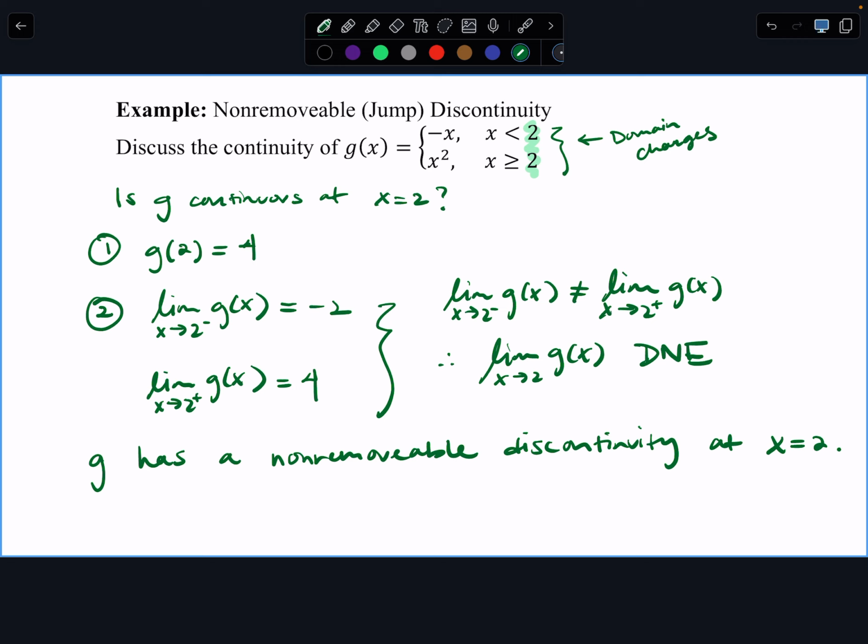And I realize you're thinking, well, I would have been able to tell that before, but explaining that and justifying that would have been difficult without the limit language. So the reason that there is a jump in the graph is because the limit as x approaches 2 from the left is equal to a number, and the limit as x approaches 2 from the right is equal to a number, but those one-sided limits aren't equal to each other. So that tells you that there would end up being a jump.